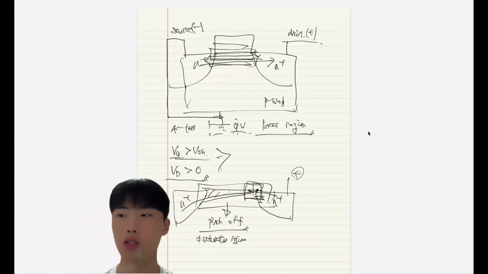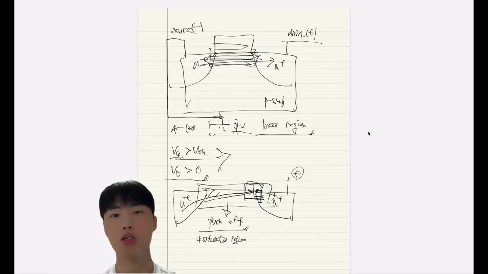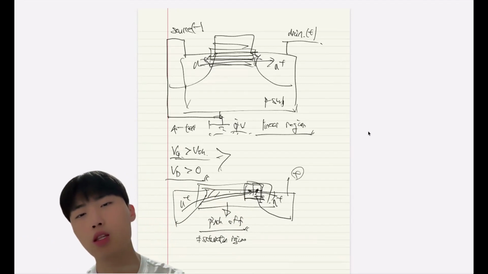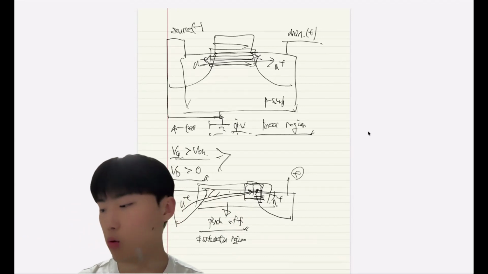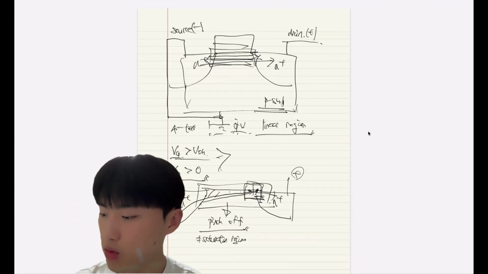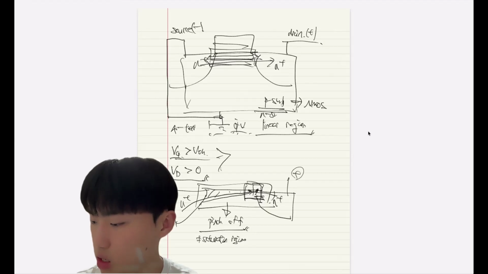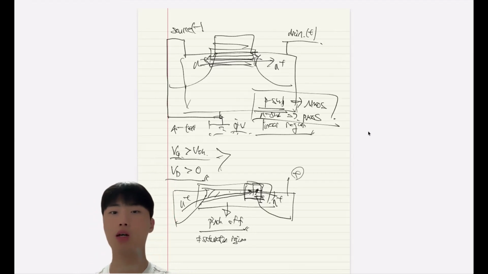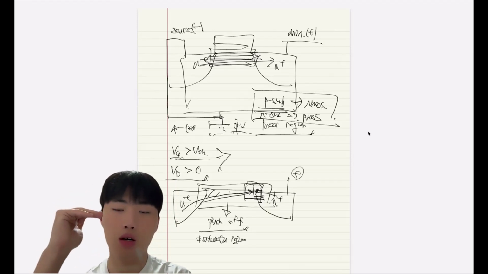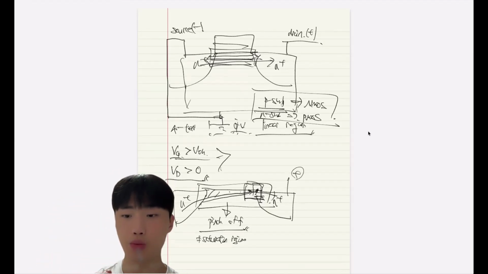So we can say this is the PMOS. But you should not confuse that when we use P sub, it is NMOS, and when we use N sub, it is PMOS. That is wrong, because NMOS and PMOS are decided by the polarity of the channel.